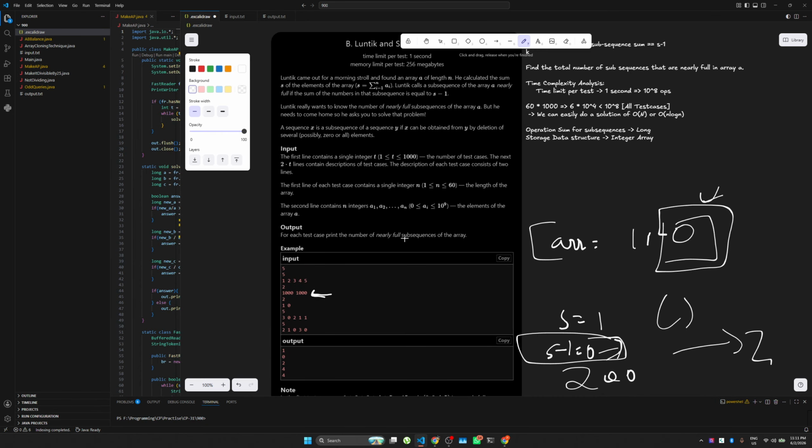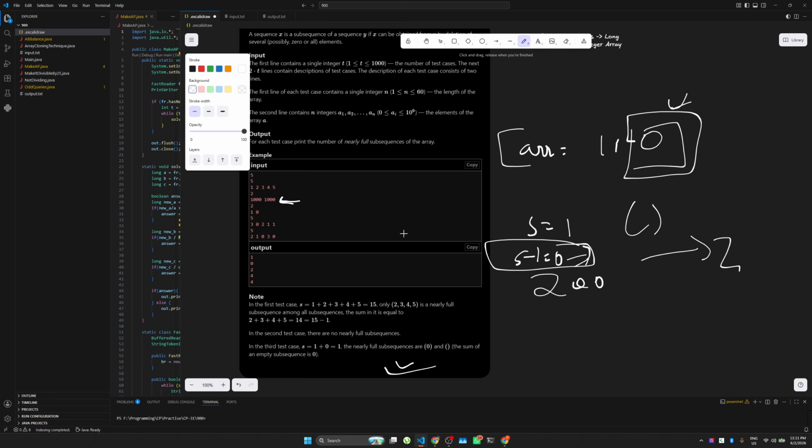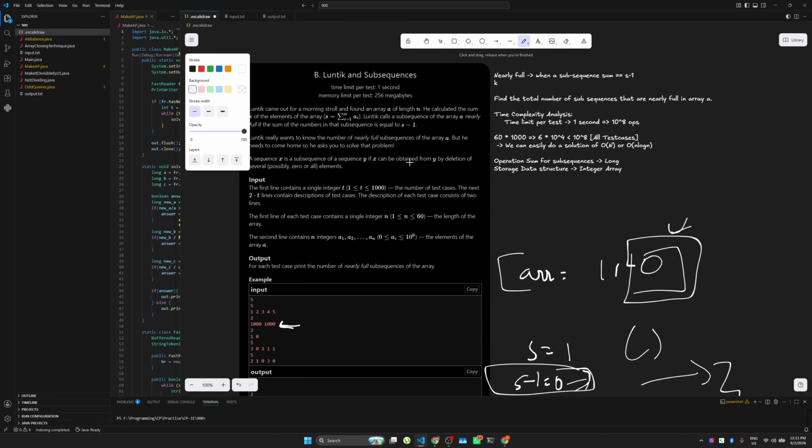What is the intuition behind the solution though? How can we reduce this problem so that we could easily solve it? That is our next question.